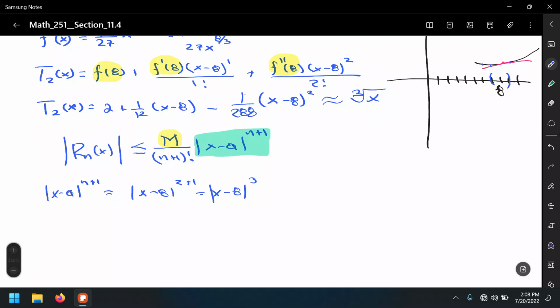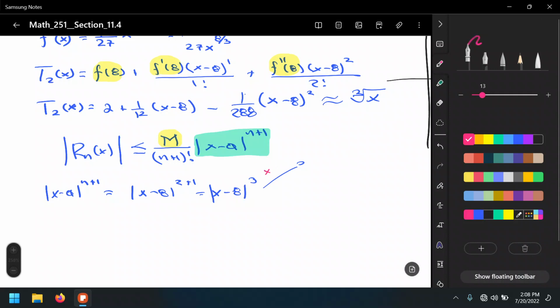Then we need to evaluate that absolute value expression on both endpoints, x equals 7 and x equals 9, and find the largest of them, because again, we want to make sure that the quantity on the right-hand side of the inequality is as large as possible.